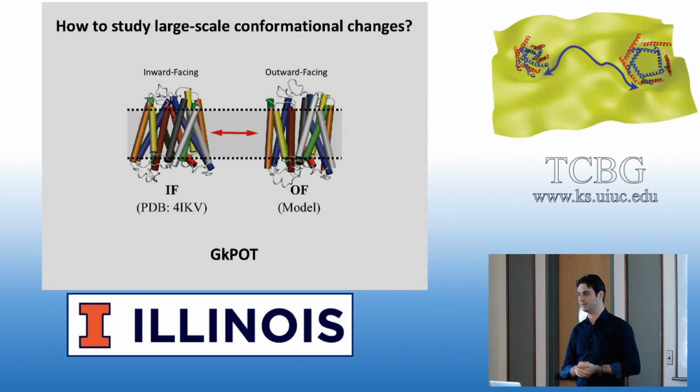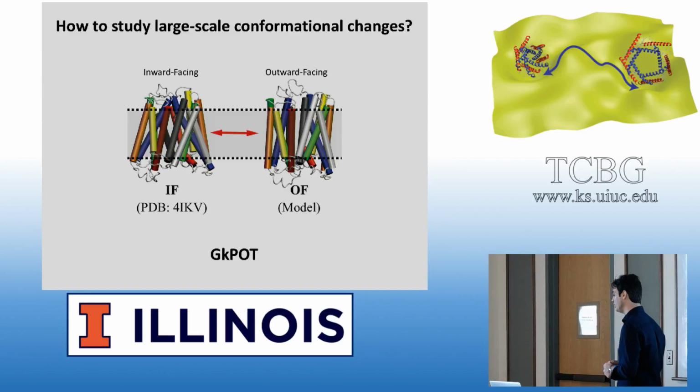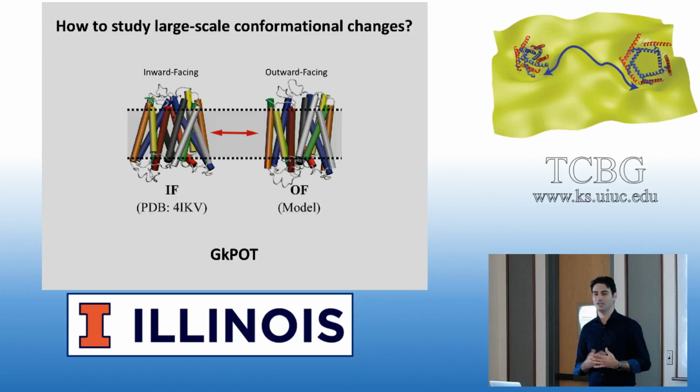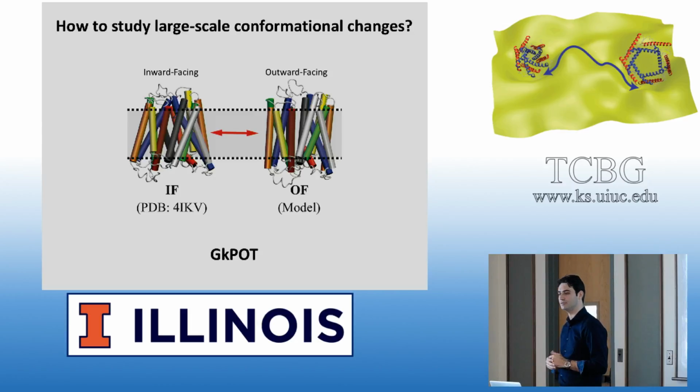Sometimes you might have a crystal structure. Sometimes you might have a homologous protein with a structure. Sometimes you might have some data on the distances of some of the residues, like from FRET or DEER or things like that. So try to actually generate the transition, and we will talk about how that can be done.